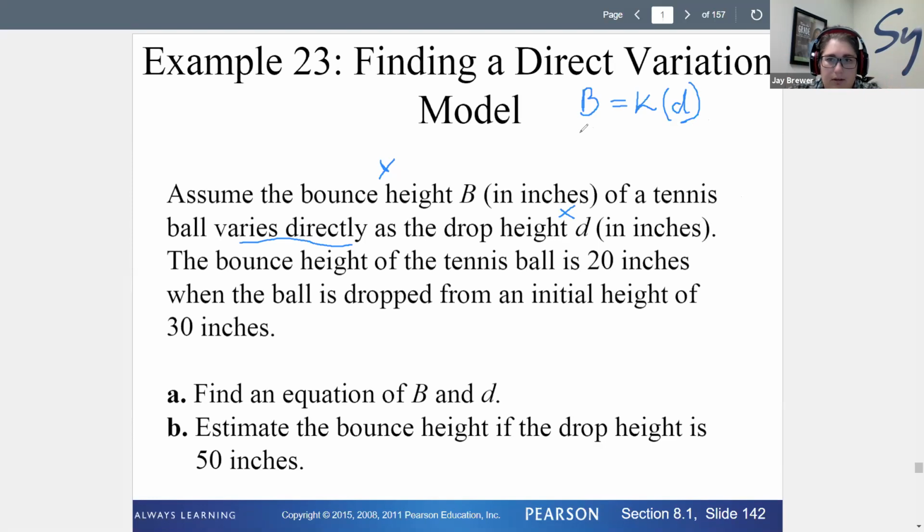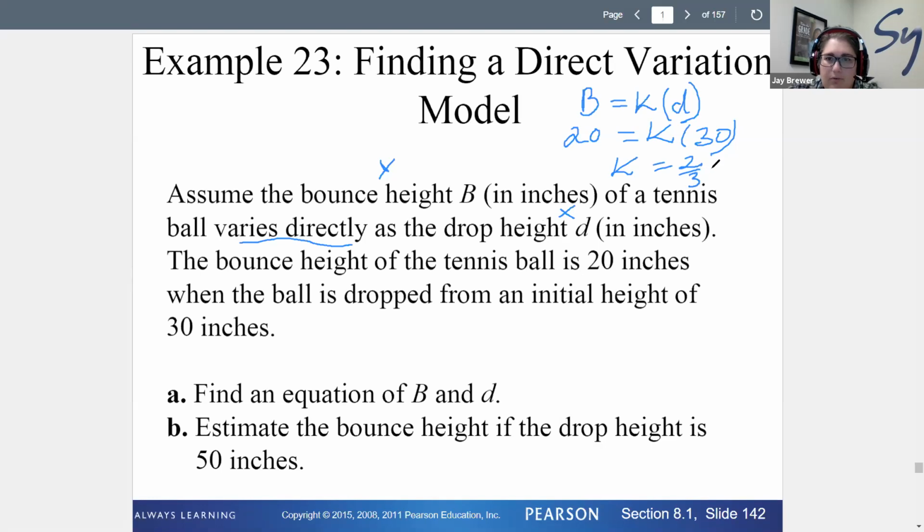So, all right, let's plug some things in so we can find what our k is equal to. So we end up having 20 equals k times 30, which means k is equal to 2/3, because the zeros cancel out, right?